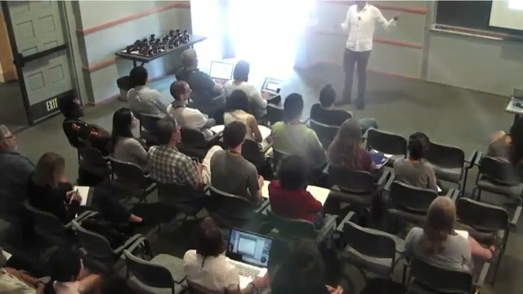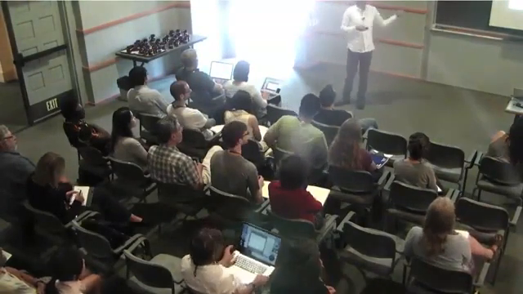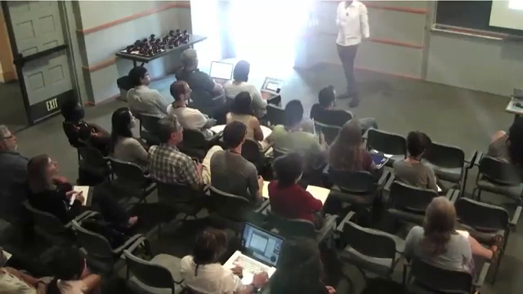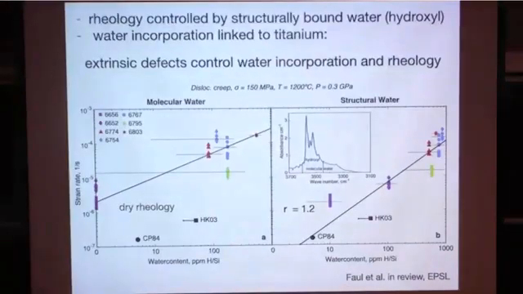It actually works out beautifully because the San Carlos olivine, which is typically used for deformation experiments, also has a finite concentration of titanium. If you look at the infrared spectroscopy, you get about the right amount. The defect structure predicts 2 hydrogens per titanium. So we can determine the hydrogen concentration from the infrared spectroscopy, and we can measure the titanium content with laser ablation, and we get about the 2-to-1 ratio.